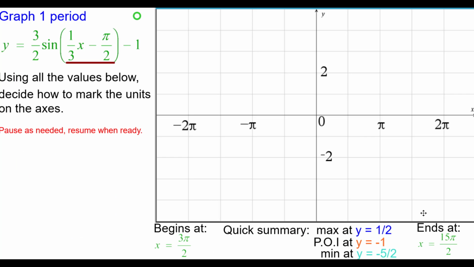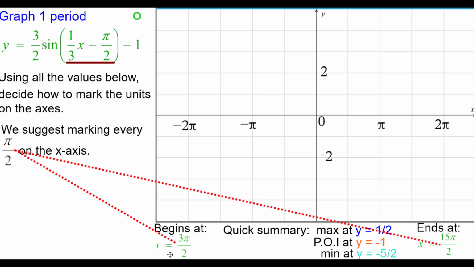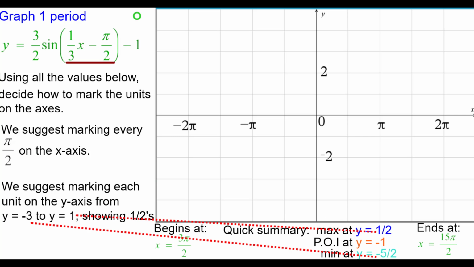Now, using all the values listed here, let's decide how to mark the units on the x-axis and the y-axis. Pause to think about that. Resume when you're ready. So we're going to suggest marking every pi over 2 on the x-axis. And we're going to suggest marking the y-axis from negative 3 to positive 1, showing each half unit.